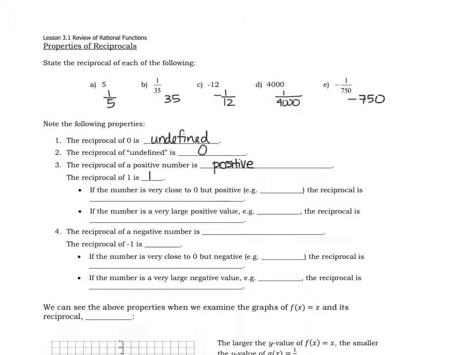So we'll write this as 1 over 1,000. Okay, so it's a positive number, but it's pretty close to 0. The reciprocal of that very, very small positive number is going to end up being a very large positive number. Right?